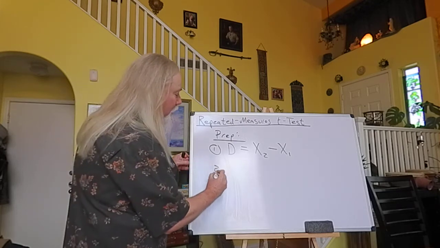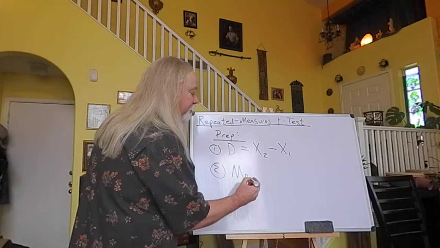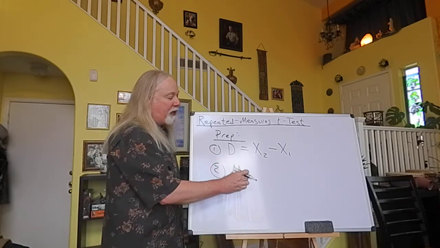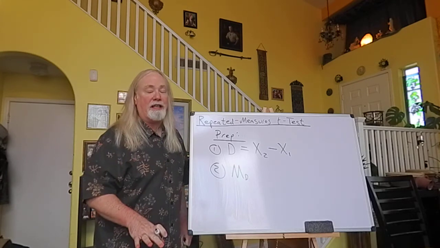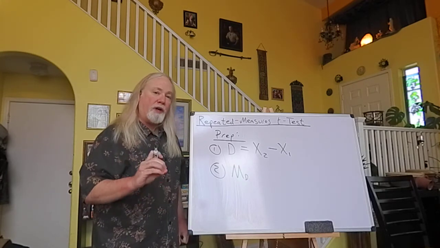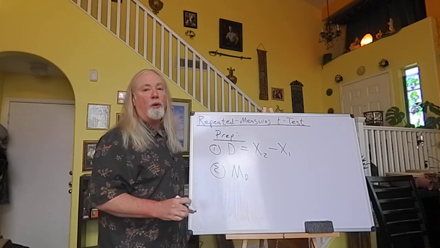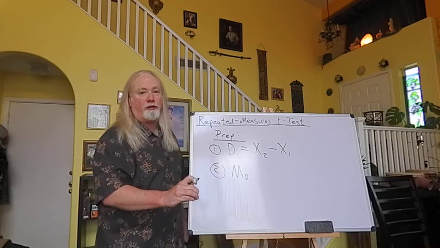Second thing we need to know is the mean of those difference scores. Now, your authors don't put that little subscript D for difference scores everywhere. I'm going to put it everywhere today because it's really important you keep that straight. This isn't a mean or an average of the raw scores. This is the mean or average of the difference scores.